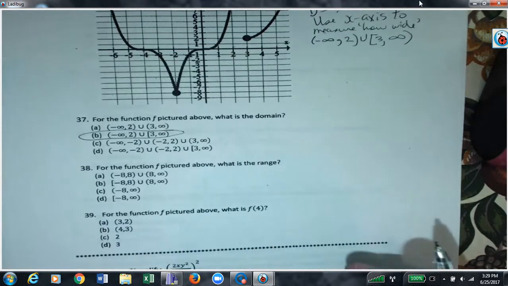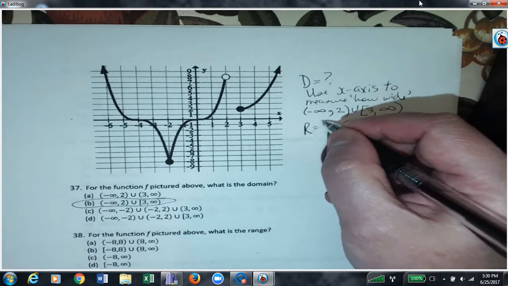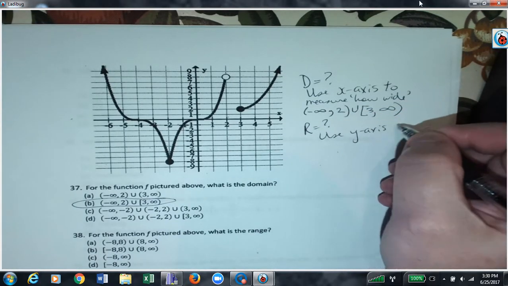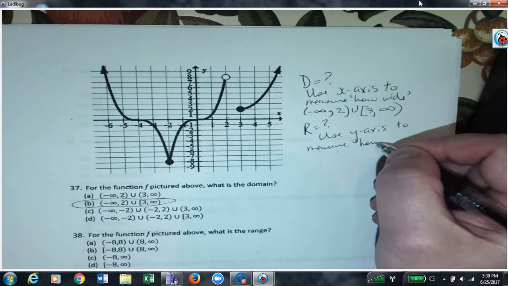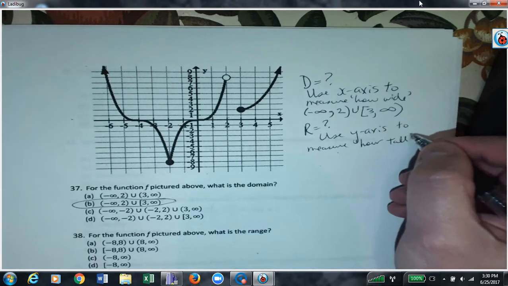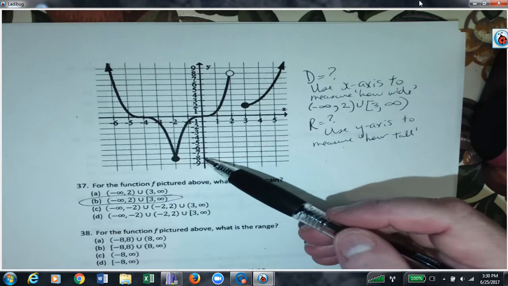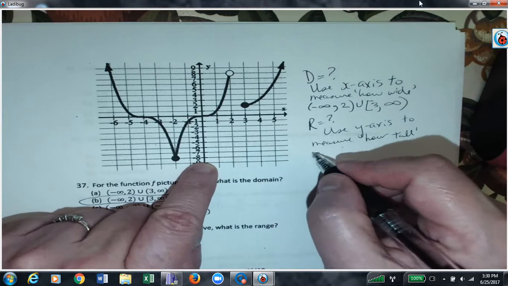Now what about the range? For the range, use the y-axis to measure how tall it is from bottom to top. Now, start at the bottom. That corresponds to -8 on the y-axis, and it is included.